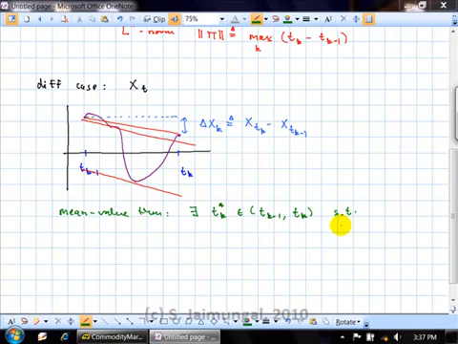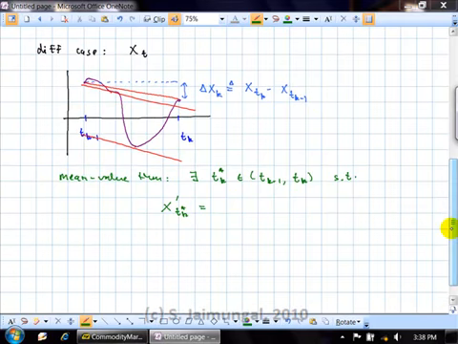So such that x prime at t_k star is equal to, and what's the slope of the secant? It's delta x_k divided by delta t_k, isn't it? It's just the height divided by the length.